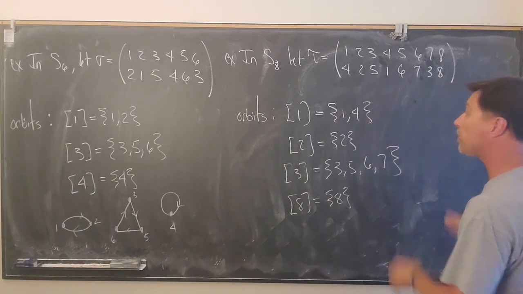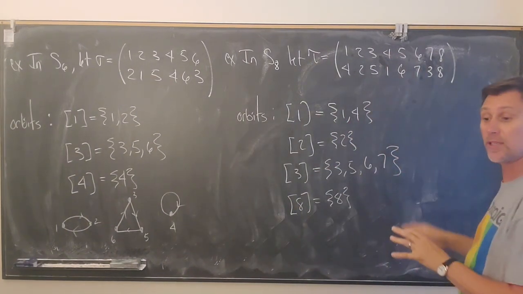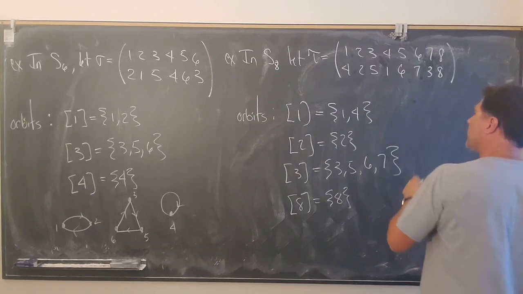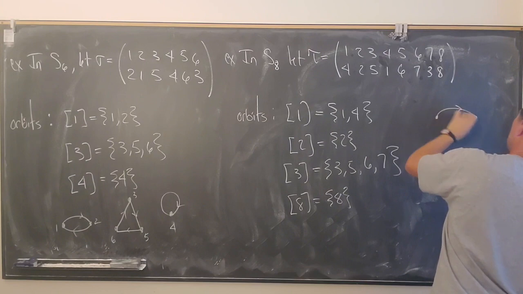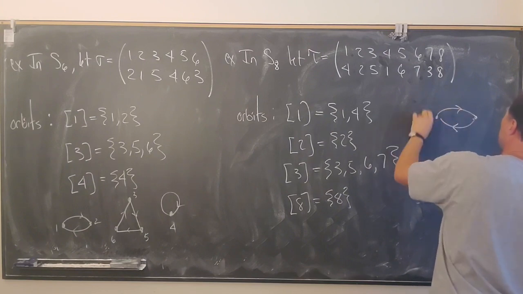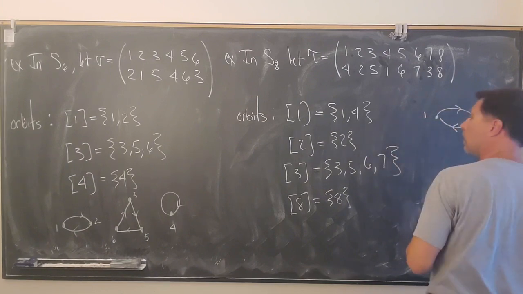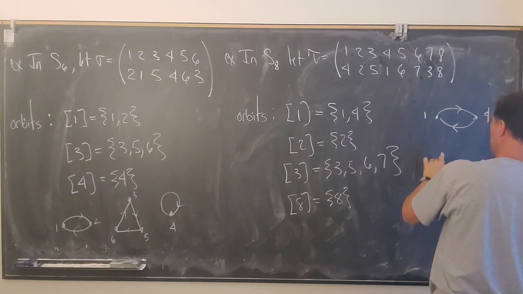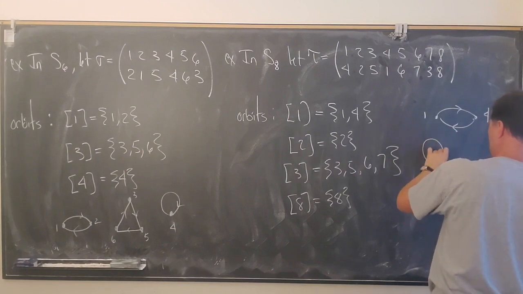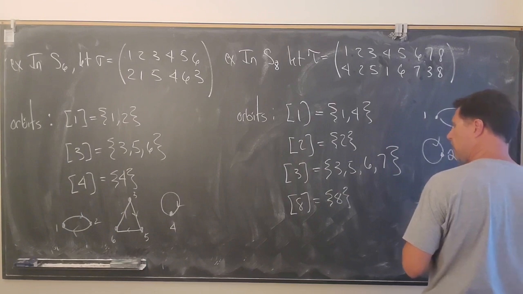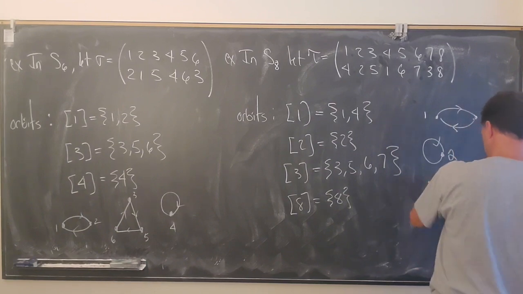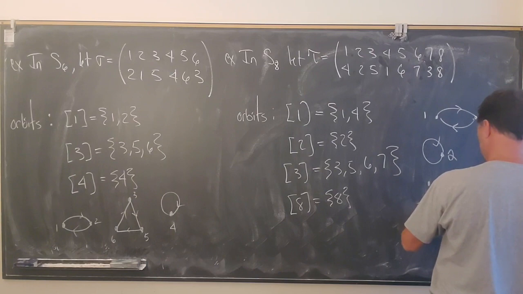So if you want to draw the picture of what tau does to the numbers 1 through 8, here we have it. So 1 and 4 cycle back and forth. 2 stays put. 3, 5, 6, and 7, they go around in a little square.